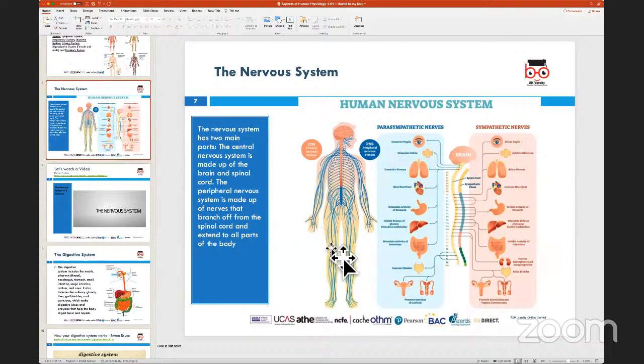So the nervous system: a clear depiction of what it consists of. It consists of the central and peripheral nervous systems, CNS and PNS as they are called, which are broken down further.